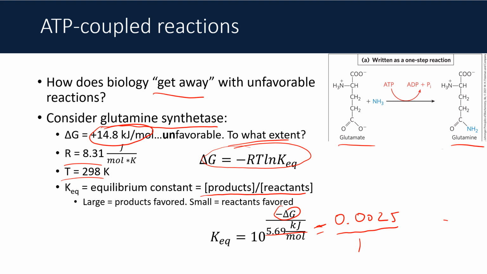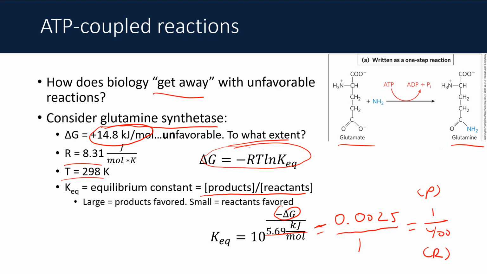0.0025 over 1 is the same number as 1 over 400. And remember, these numbers have chemical contexts. Specifically, it's the ratio of products to reactants.